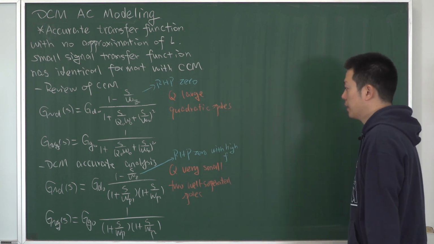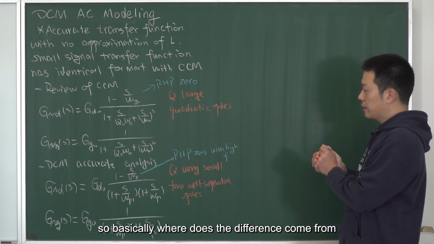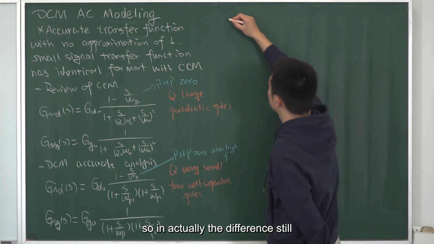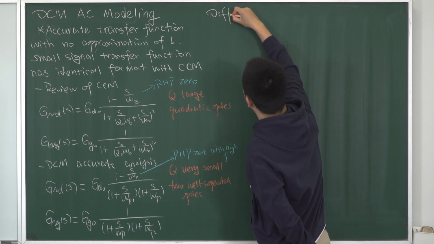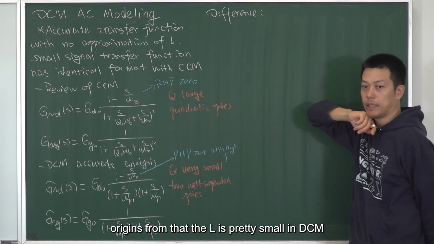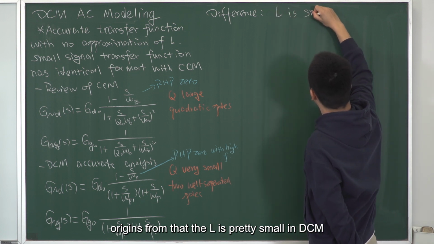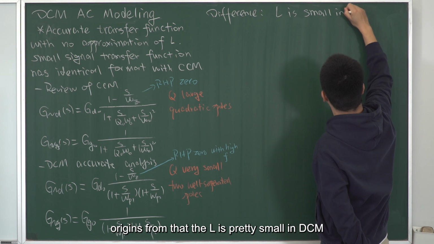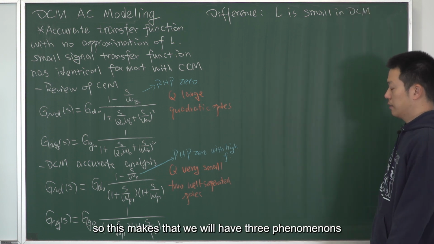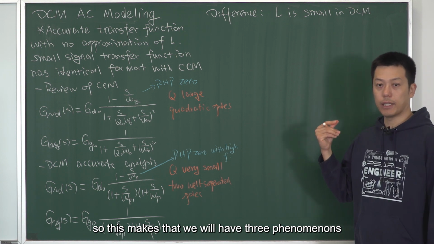Okay. So basically, where does the difference come from, right? The difference still originates from that L is pretty small in DCM. So this makes that we will have three phenomena.